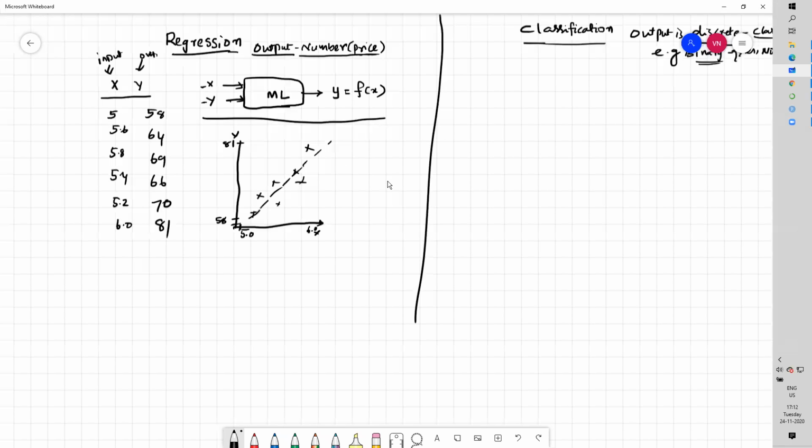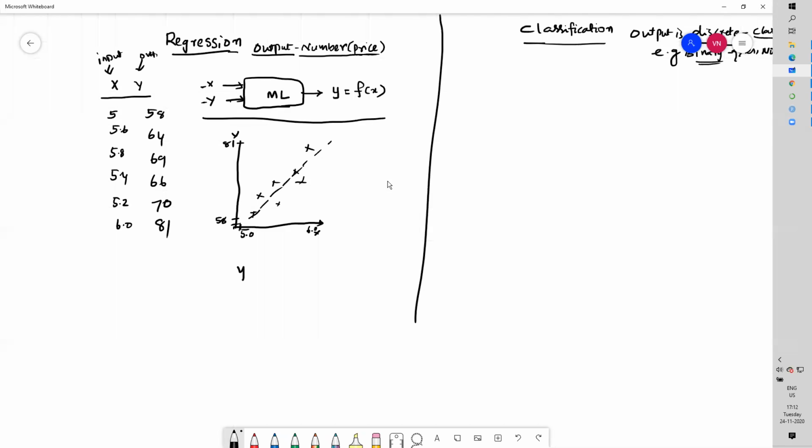Y is equal to mx plus c, where m is called the slope and c is the y-intercept. This is coming from basic algebra. Long back in school days, we learned this. So a linear line will be represented in the form of y is equal to mx plus c. Let's assume that we can represent this line with this linear equation y is equal to mx plus c.